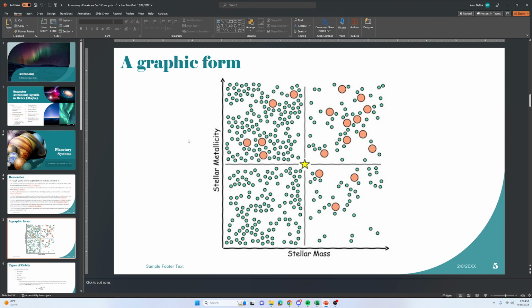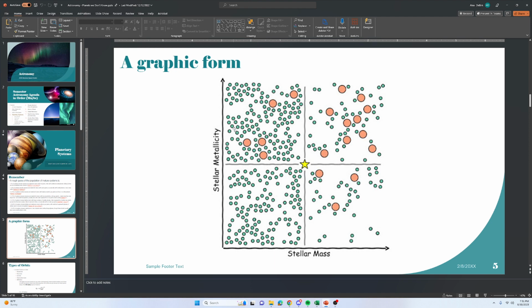Okay? So if you have very massive stars and very little metal, you're not going to get a lot of planets at all, and you'll get a few gas giants there. If it's really low mass, like the M stars, and low metallicity, you get lots of planets, no gas giants. Look at that. If it's very light and very metallic, then you'll get some.